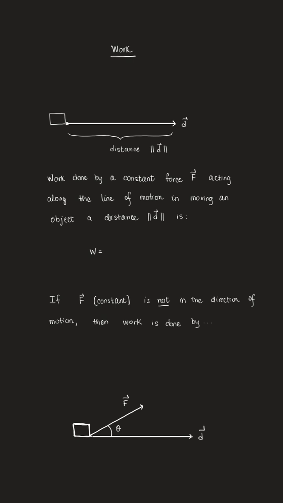When work is done by a constant force that acts in the same direction of motion as the object, for example, if my force is acting in this direction, we're dragging the object in the same direction as the line of motion, then the work done in dragging the object a distance of the magnitude of vector d is the magnitude of the force times the magnitude of vector d.